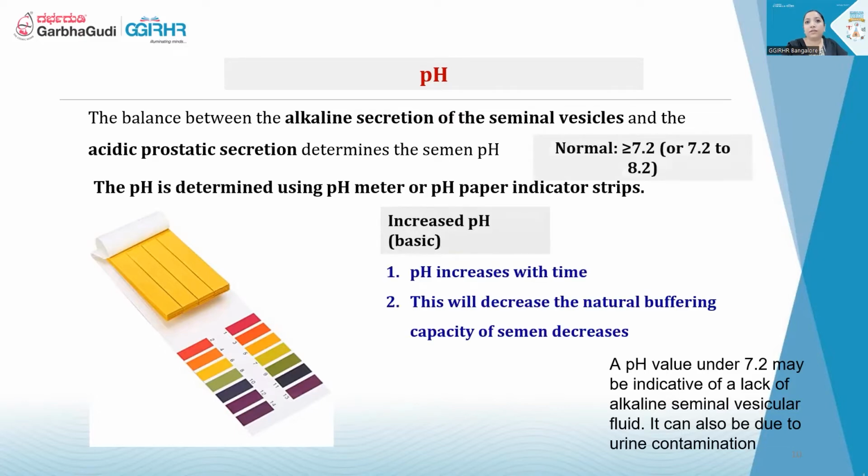And if there is an increased pH, it can be due to a long time of incubation after the collection, and this will also decrease the natural buffering capacity of semen. So that is again when the pH is too high or too low. If the report indicates that the pH is not normal, then this could be some of the following reasons. And if there is a decreased pH, it could be because of prostatitis or even low semen volume.